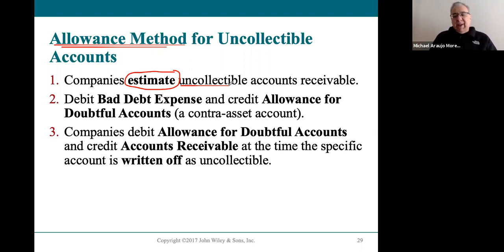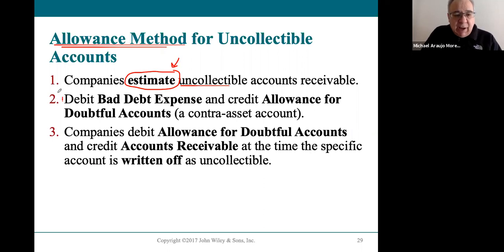And so we can use it either as a percentage method, which is one method I'm going to show you, or some companies put together an aging of their receivables, which means the longer they're waiting to receive this money, the more likely they need to write it off as uncollectible. So we're going to look at that, but they have to estimate. This estimate comes once a year at the end of the accounting period.